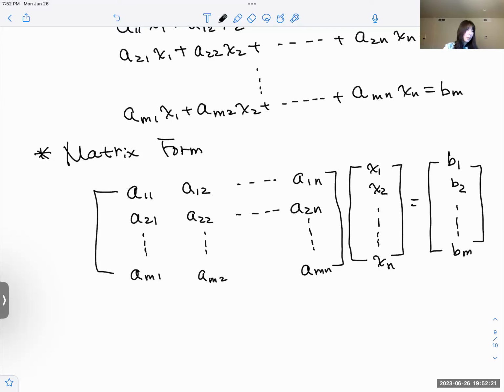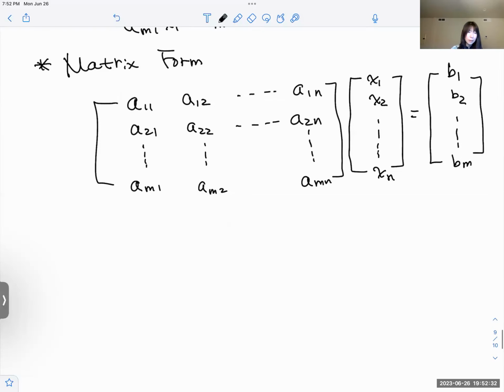Okay, now multiplication, how to multiply two matrices, right? Let us talk about that.